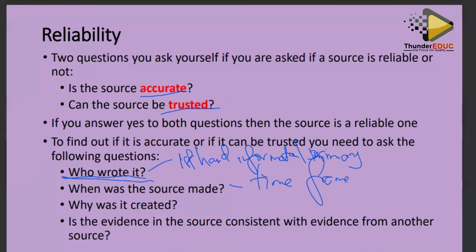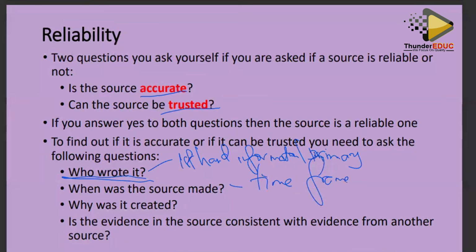If someone is narrating an event and they were involved in a particular event, maybe you're talking about apartheid, we're talking about the Sharpeville massacre of 1960. Maybe someone was involved actively in the Sharpeville massacre. They were there. We can safely rely on that source because it's a primary source. It's first-hand information that you are getting. We are getting a person who was involved in a particular event who is narrating the story of what happened.